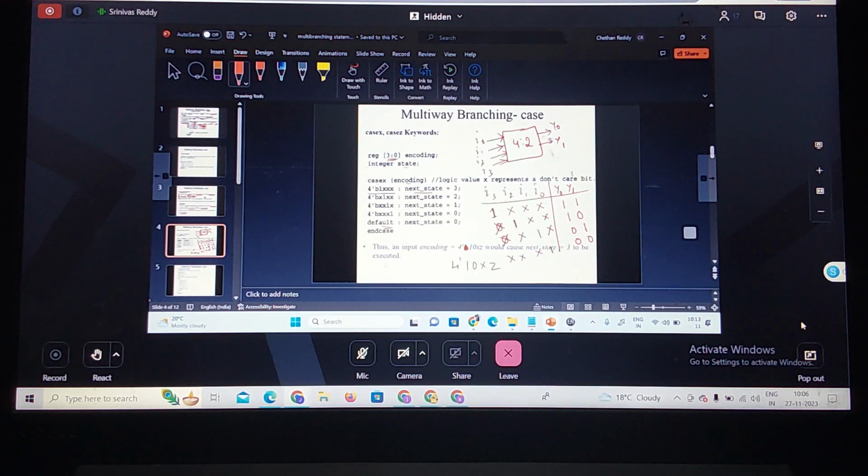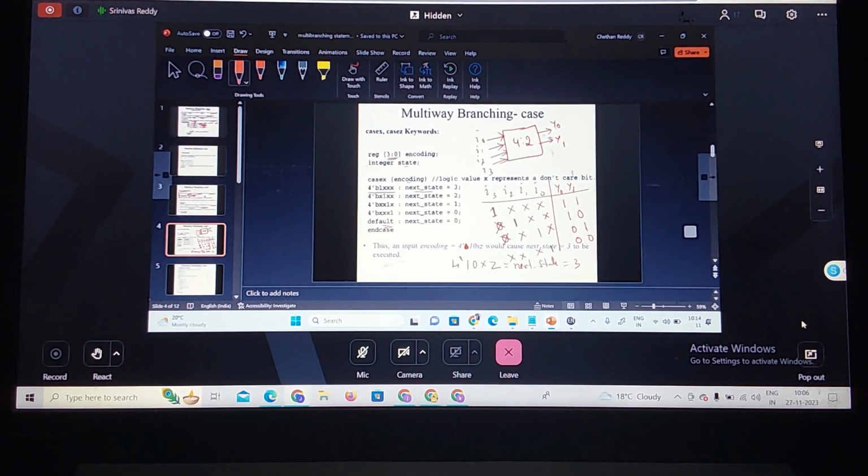Here I am writing 1, 0, X, Z. This combination includes 0, 1, X and Z. So what next state can I write for this? Since the MSB bit is 1, I can assign 3. Did you understand? So an input encoding 4'b10XZ could cause the next state 3 to be executed.